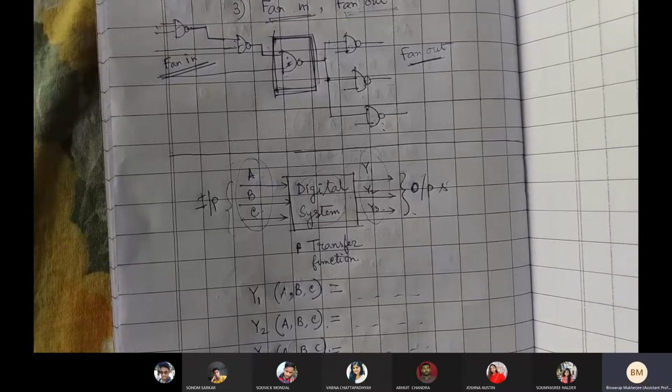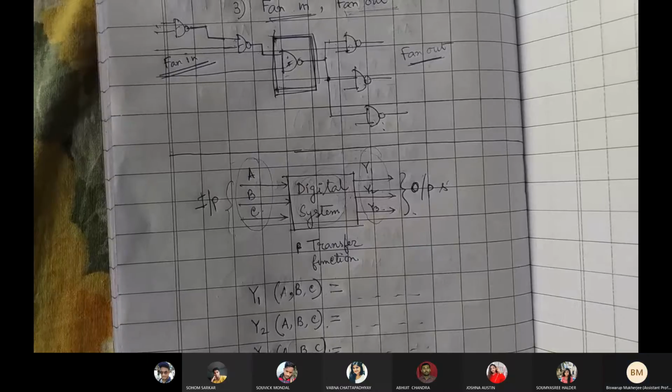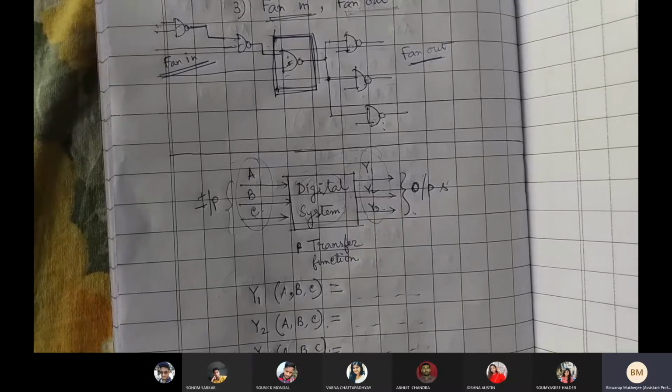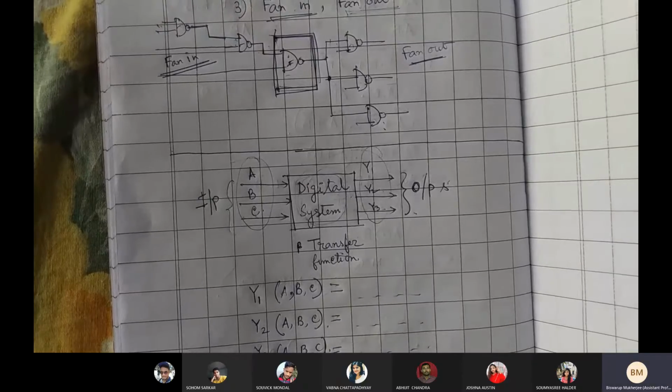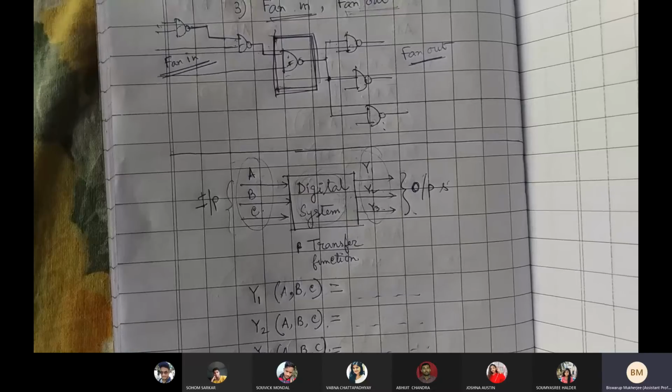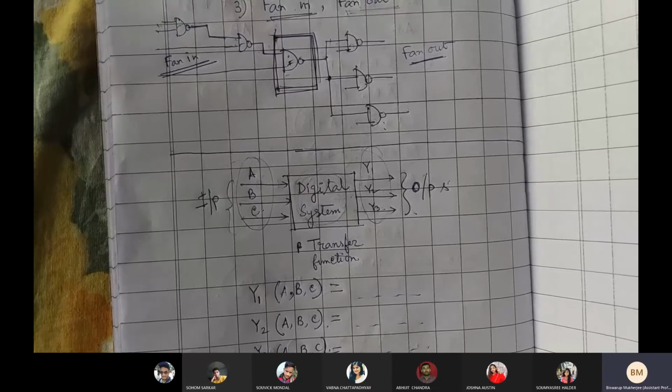Maybe computer is quite difficult. Maybe you can think of something you are designing, or maybe some audio system. So if you are designing one audio system, initially at least you should have this knowledge that okay, my audio system should have some audio output. At least you should know this one, right?